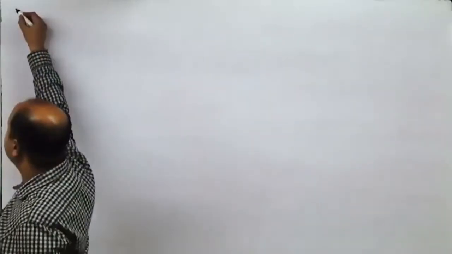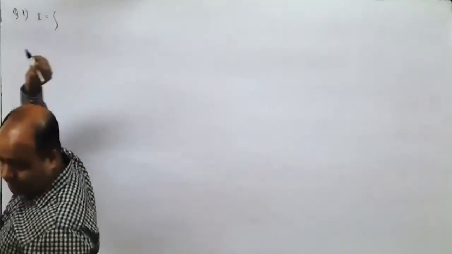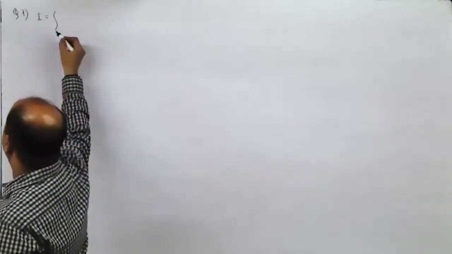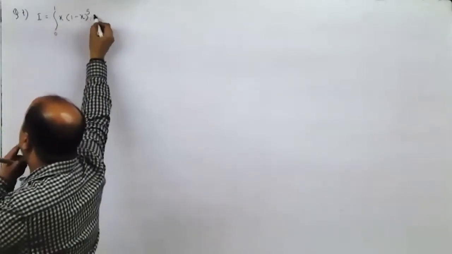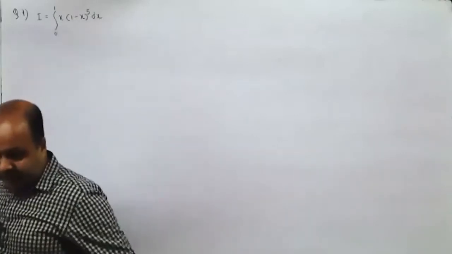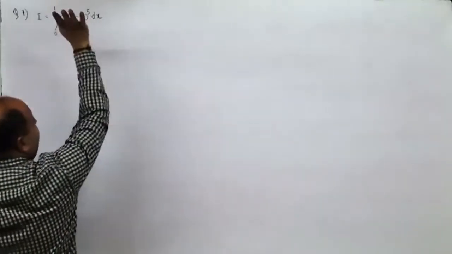Next one. 0 to 1, x into 1 minus x raised to 5 dx. Now, if you observe here, this is upper limit minus x raised to some higher power.